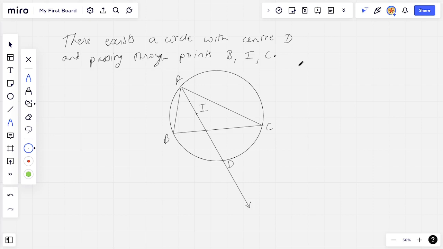Now let us discuss the proof of this theorem or lemma, whatever one would like to call it. It would be sufficient to prove that DB is equal to DI, and further both DB and DI are equal to DC.